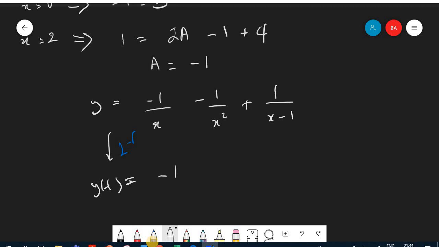The minus 1 over s squared gives minus t. And 1 over s plus a is the exponential term, e to the power minus at, where a is minus 1, so this will be e to the power t. Definitely, if t goes to infinity, this will be unstable, so this is an unstable process.